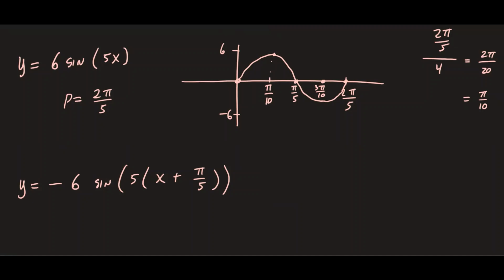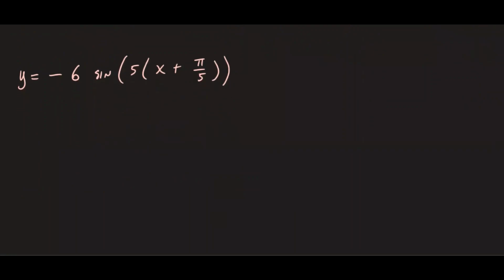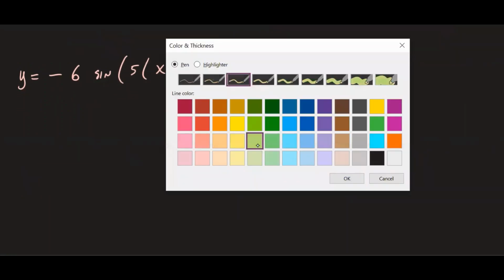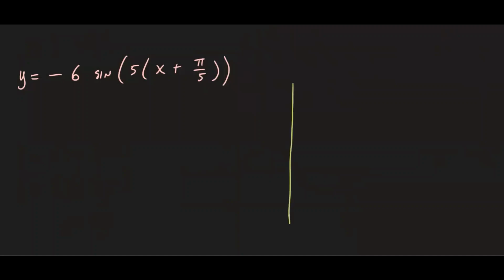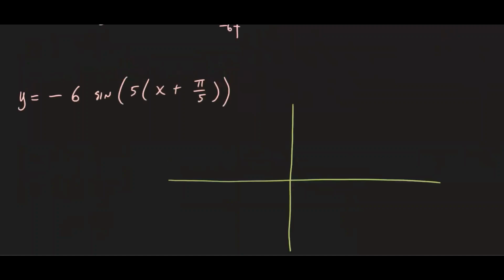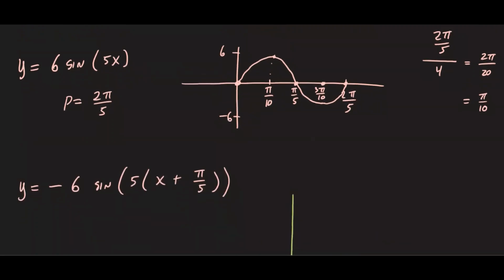So we're going to draw another xy plane and then come up with a graph. So here is our xy plane. And so we have this one right here, which is a positive 6 sine of 5x, but the negative 6 will just be a reflection.